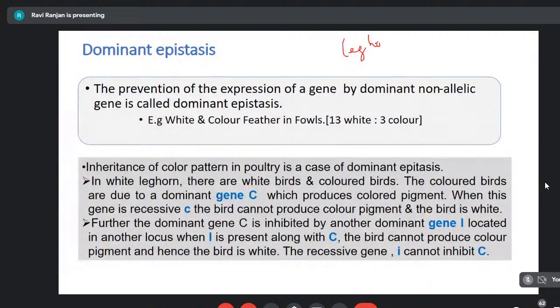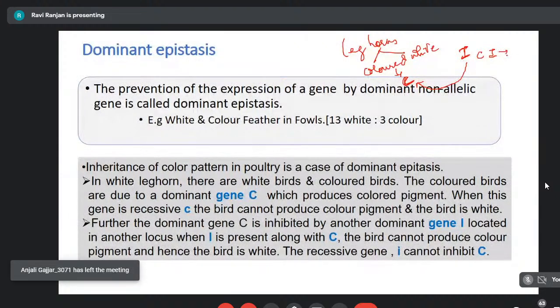In the case of leghorns, there are two types of varieties: the colored birds and the white birds. The colored nature is because of a capital C gene. But if there is another gene in the dominant form, that is the I gene, then it inhibits the expression of C. So when C and I are together, it will not give a colored character, but no color, that is white.